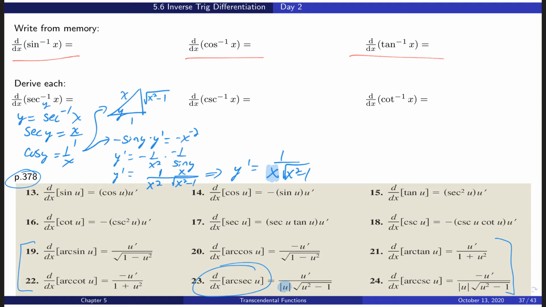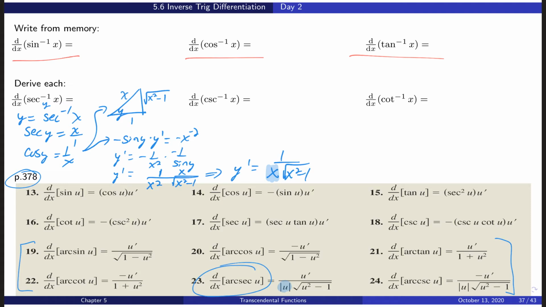Okay, so the other two follow a similar thought process. You set up your triangle and do your derivatives that way. The six that you need to get memorized are down here, formulas 19 through 24. Hopefully you already have 13 through 18 memorized, but one thing I want to point out: very soon we're going to be taking antiderivatives of these things, and I want you to make some connections between a couple of these.